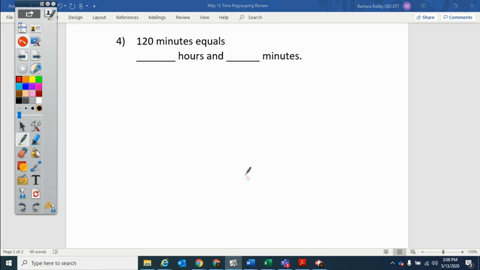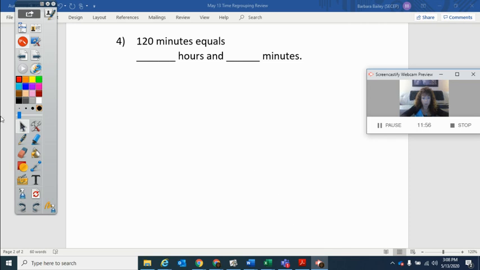Okay, once again, I know that 120 is bigger than 60. So I know that there must be more than an hour here because 120 is bigger than 60.